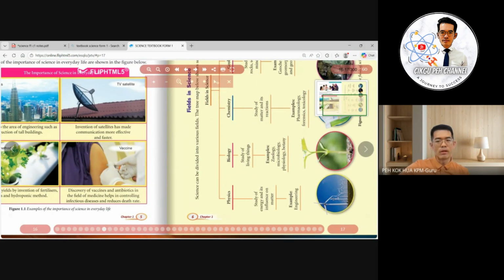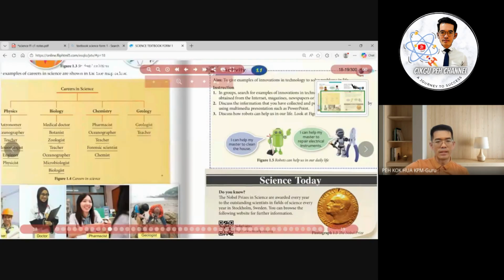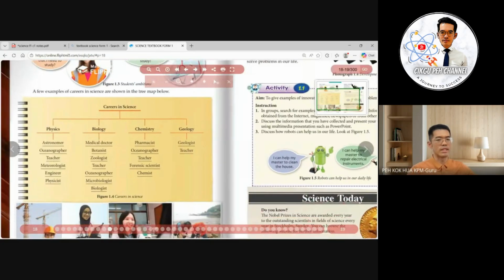For example, just biology. What it means by biology is the study about the living things, right? If you refer to the notes I just discussed with you, then the subjects related are zoology, microbiology, and others. Okay, then if you go to the textbook, it actually has another picture. It's the careers related to science now.